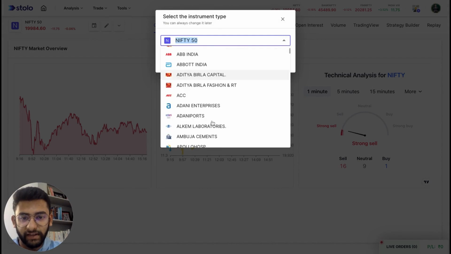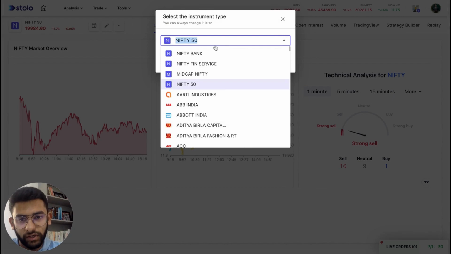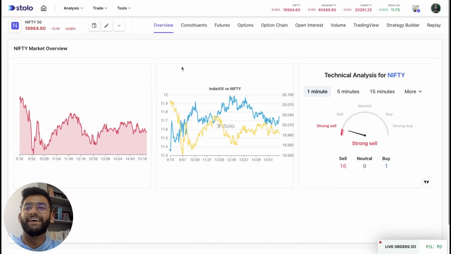You can choose any of the FNO stocks, or any specific index you're trading. That can be the Nifty 50, your Fin Nifty, your Mid Cap Nifty. So you can choose any of them and look at this as your complete instrument overview.